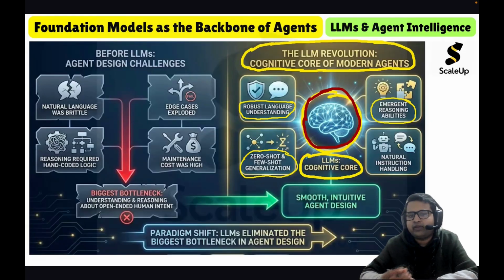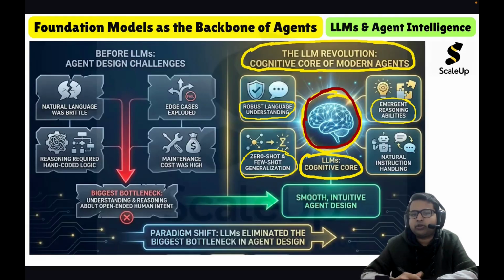Like I am giving an input and I am expecting an output. That is zero shot. Whatever I want to accomplish, I will get in the first response itself. And few shot means I'll give an input, then some cross questioning will be there, some context I will supply in the subsequent steps, and then after a few steps I'll get my answer. So that is few shot generalization.